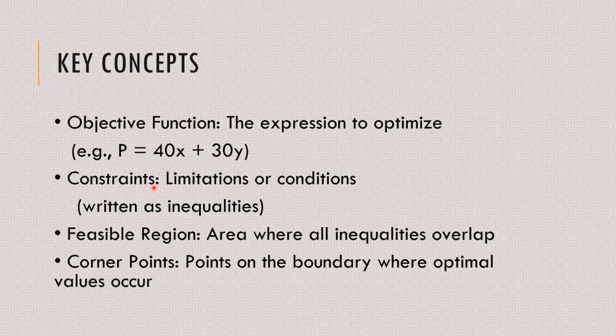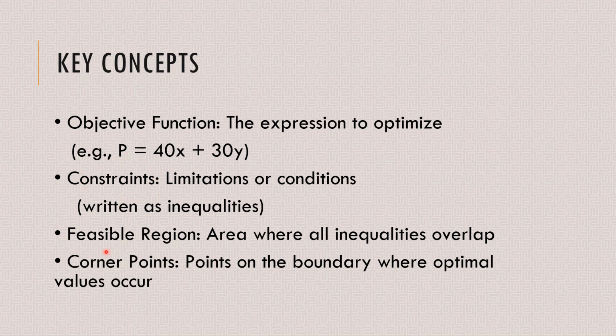The constraints are the limitations or the conditions attached to the expression or the problem. So we need to know that the problem has constraints, has limits to a certain point. Those limits or those conditions are what we call the constraints for that particular problem.